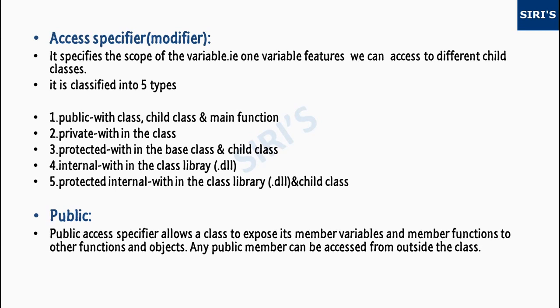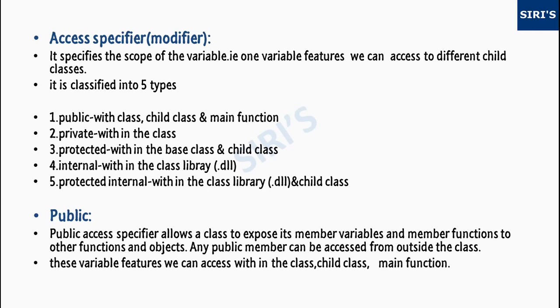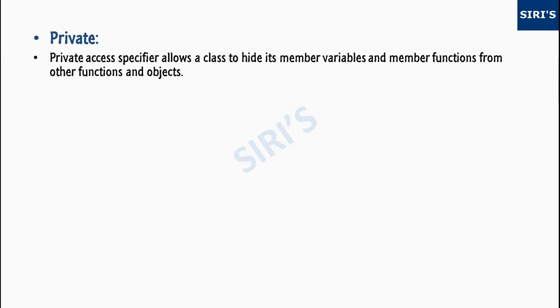Any public member can be accessed from outside the classes. These variable features we can access within the class, child class and main function. Private access specifier allows a class to hide its member variables and member functions from other functions and objects.